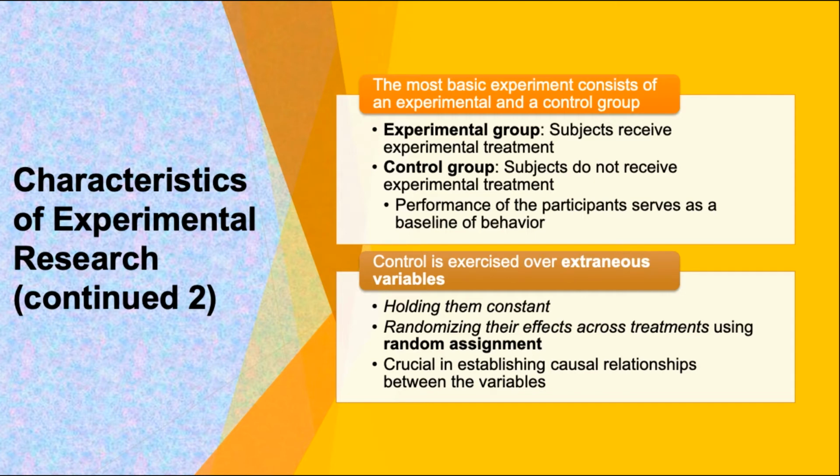Control over extraneous variables is crucial to establishing a clear causal relationship between your variables. By controlling variables that may affect your dependent variable, you rule them out as possible alternative explanations for your result.